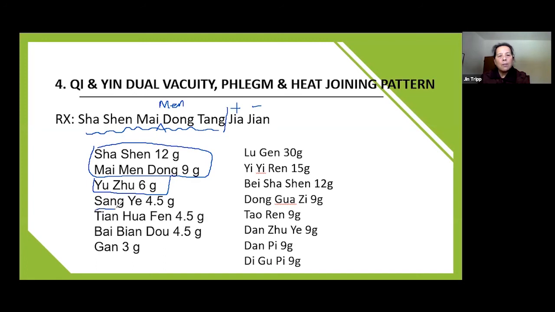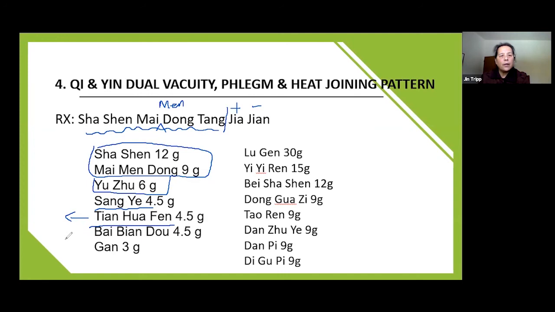桑叶 clears some heat from the lung. 天花粉 is a pretty good herb, can generate body fluid. So yin deficiency will damage body fluid.